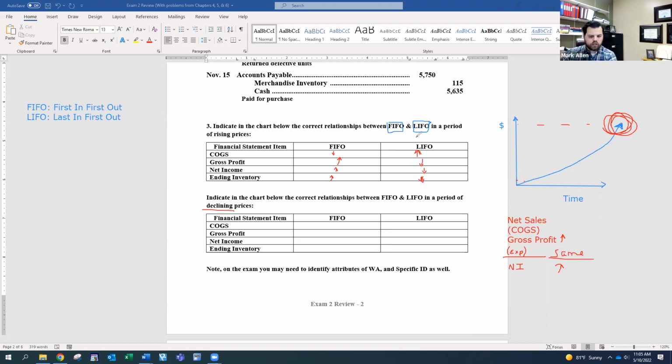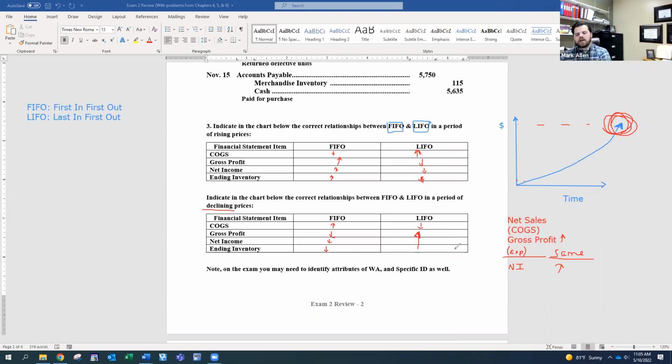And then if you get a question that asks you about the other direction, just flip everything. So under FIFO, that means in a period of declining prices, we would have higher cost of goods sold, lower gross profit, lower net income, and lower ending inventory. And here this would be lower, and then of course higher for all of these.